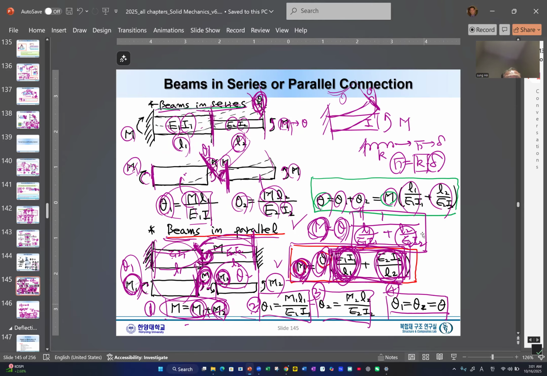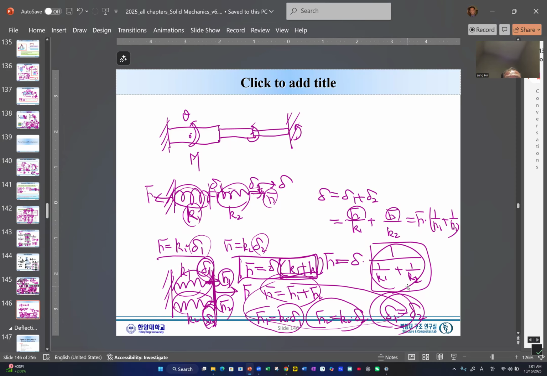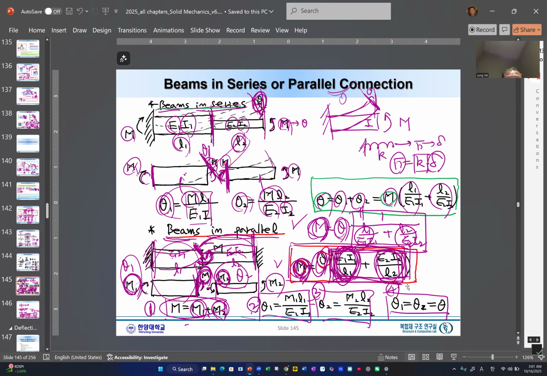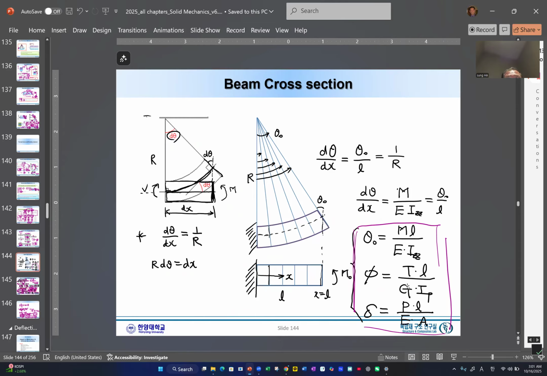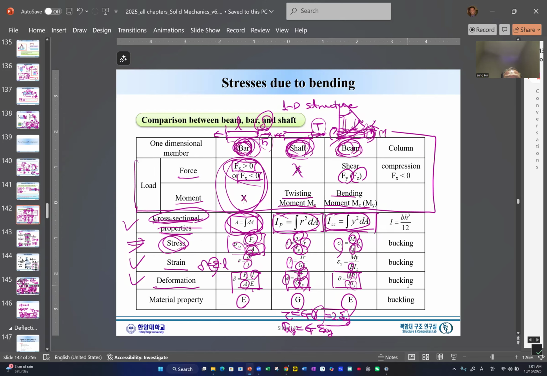Application-wise, this can be a little bit more complicated, but the understanding of the concept will be pretty much the same as a spring. I hope this helps you to understand all the beam deformations and also the stress analysis.